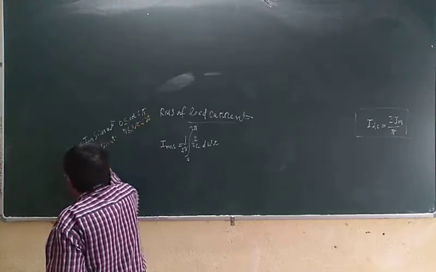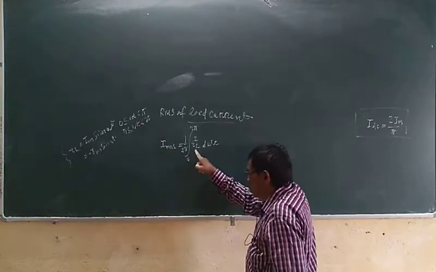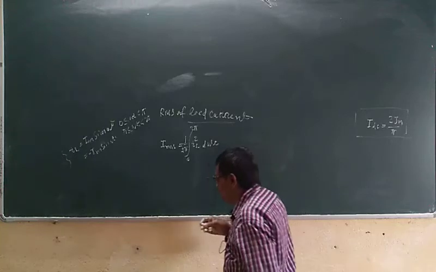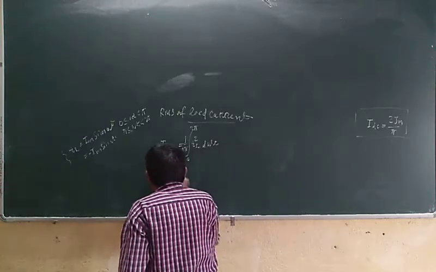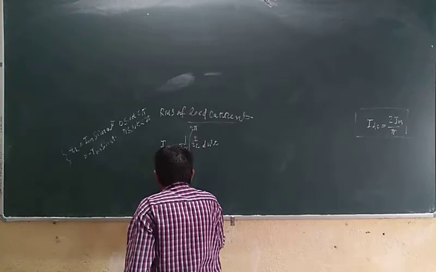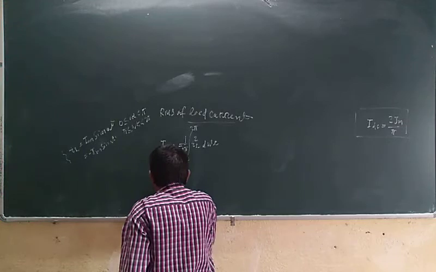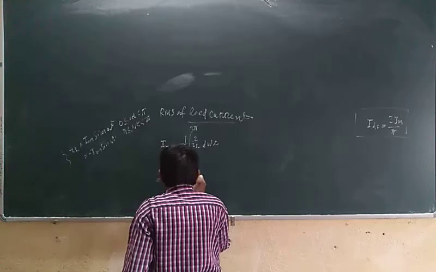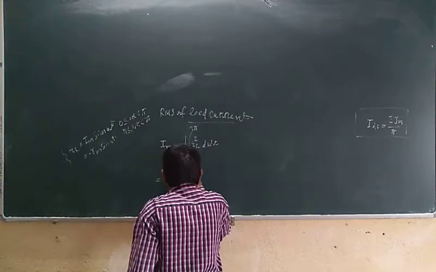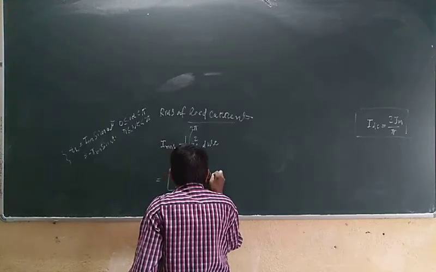When we put this value in this place, it will be written as the integration of 1 by 2 pi, 0 to 2 pi, IL square d omega t.